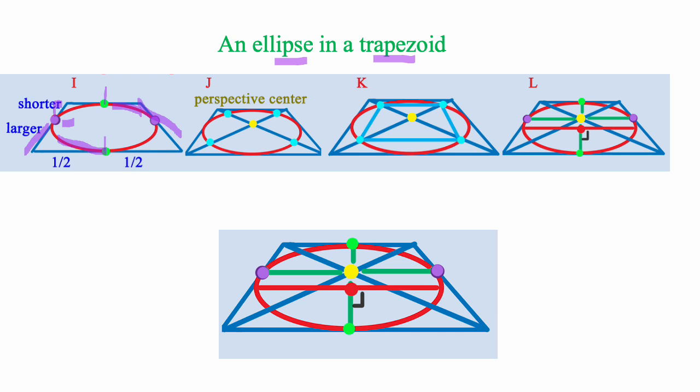The diagonals of a trapezoid meet at the perspective center, the center of the whole image, like the center of a pizza or where the hands of a clock meet. The center moves back as the sides increasingly diverge, and this will be very important.